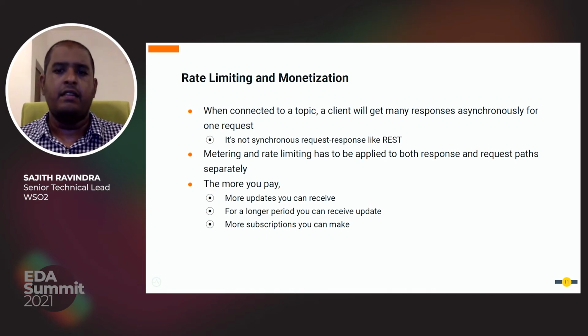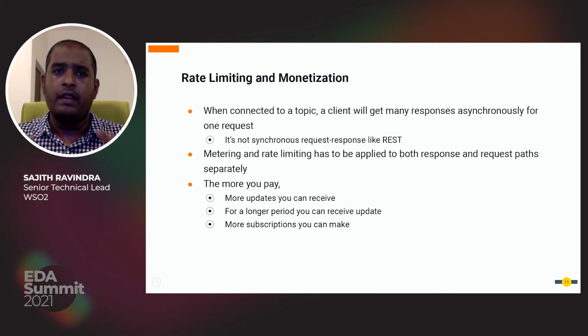In asynchronous communication, request and response paths are decoupled, right? So the responses can come at any time, and there can be any number of responses. But in the REST world, it's not the case. The model is much simpler in the REST world, where you make a request and then you get the response in a synchronous manner, right?